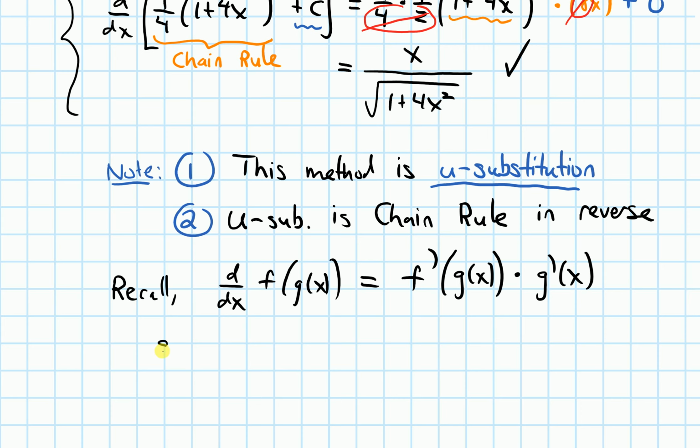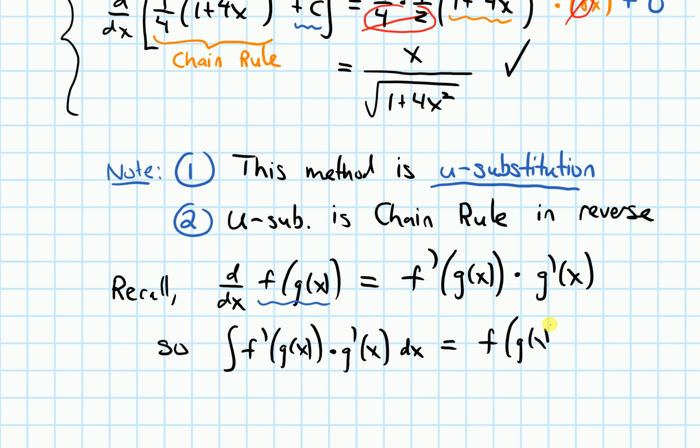So on the flip side, doing antiderivatives, this means the antiderivative of f prime of g of x times g prime of x. I have to write my dx, that's my notational thing that I put in the integral. This antiderivative, we know, would be the original function. The original function over here plus a constant. So it would be f of g of x plus c.